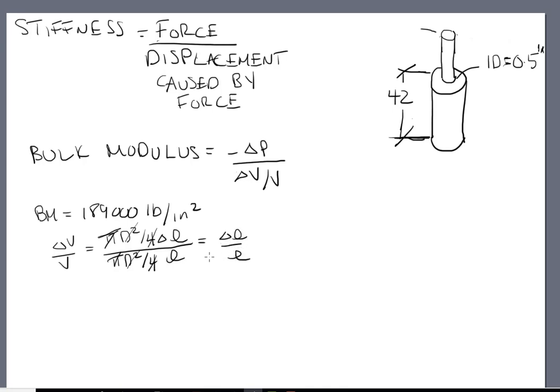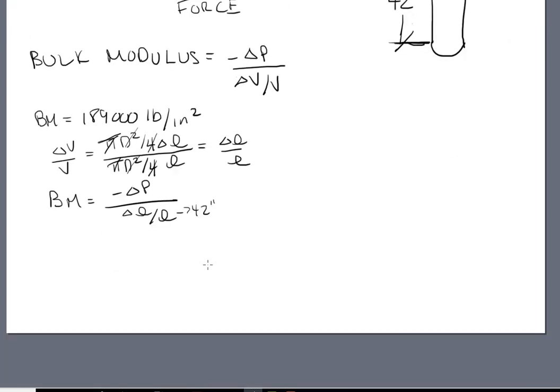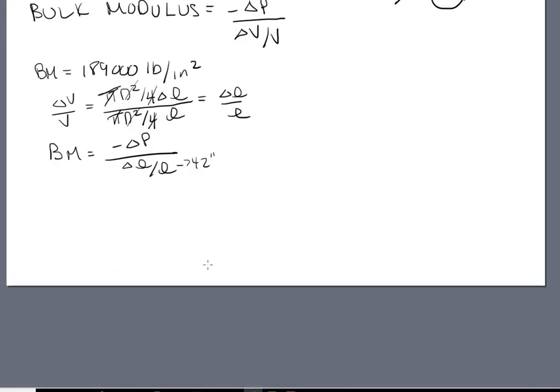Okay, so let's sub that back into this equation here. So BM is equal to negative delta P over delta L over L, where L is 42 inches. I'm still not seeing where we can go with this, but let's keep digging down. So if you think about it for a second, what does P equal?